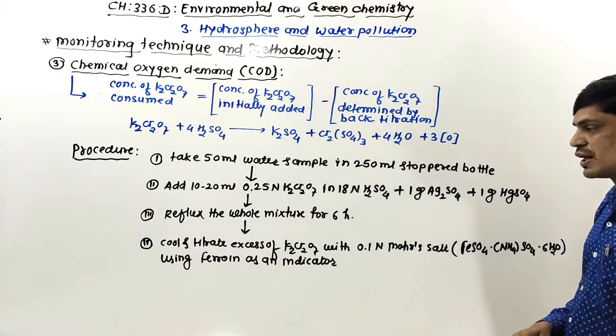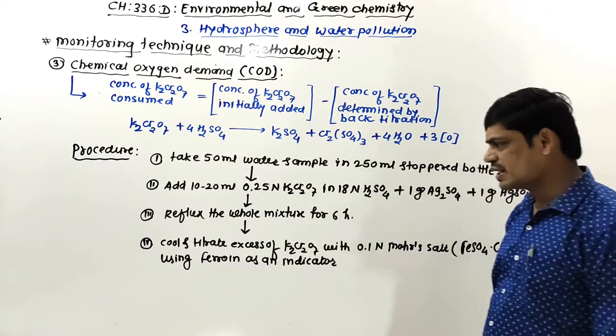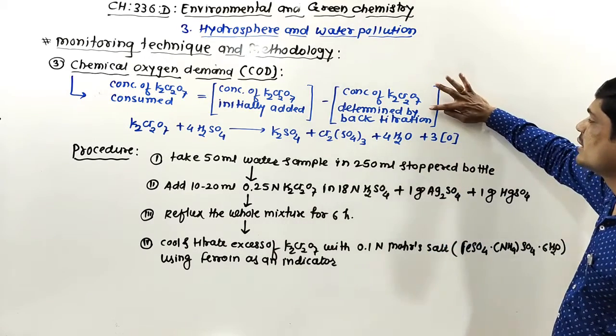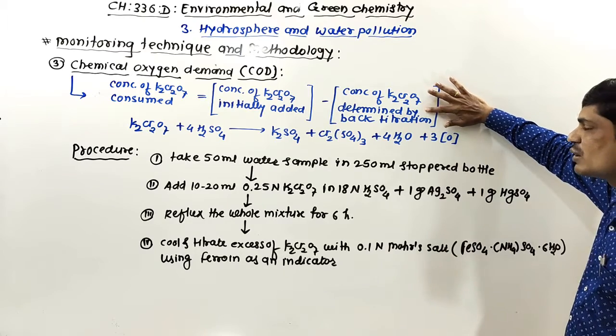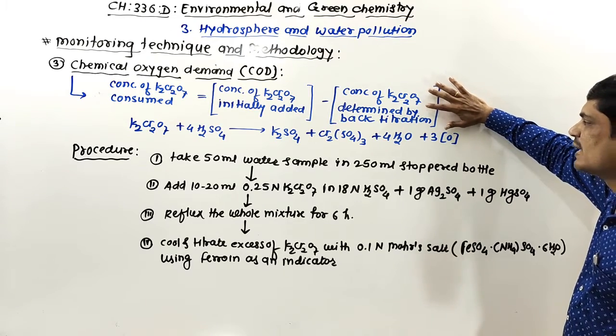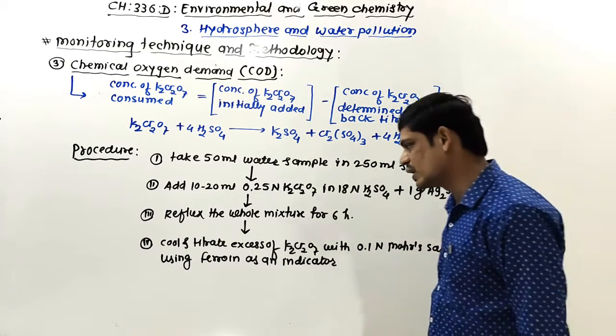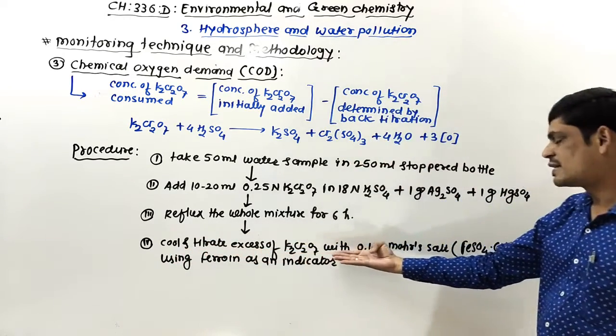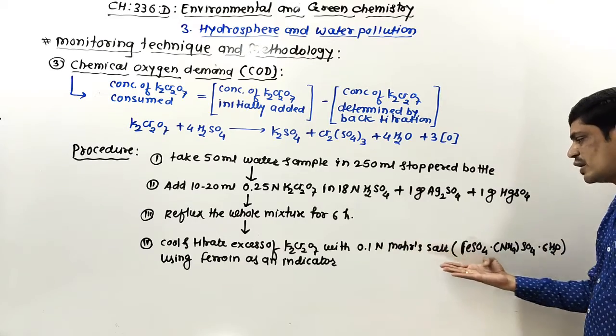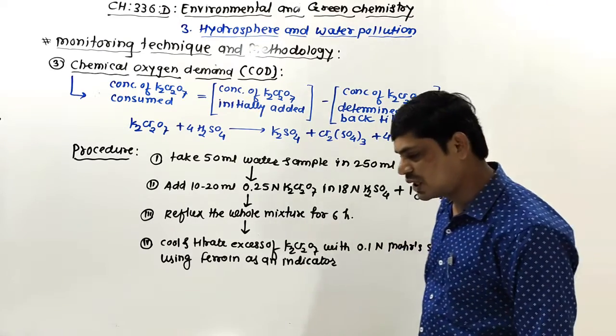Now in the next step, what happened? After completion of the reaction, we have to determine the concentration of K2Cr2O7 left after oxidation, that is by back titration, and therefore the reaction mixture is cooled and the excess potassium dichromate is titrated with 0.1 normal Mohr's salt.